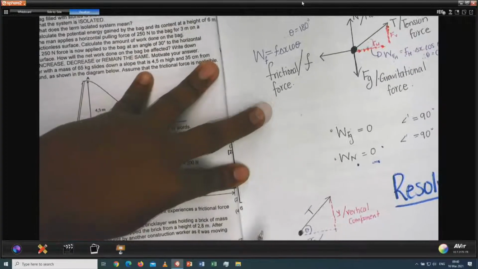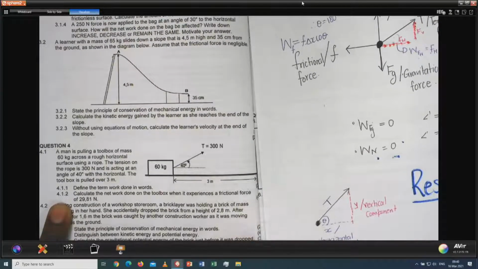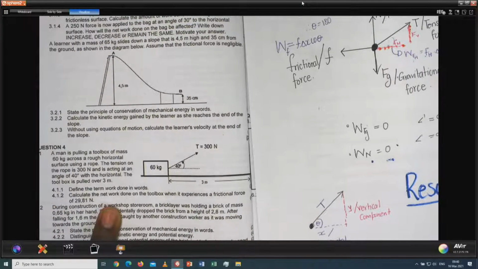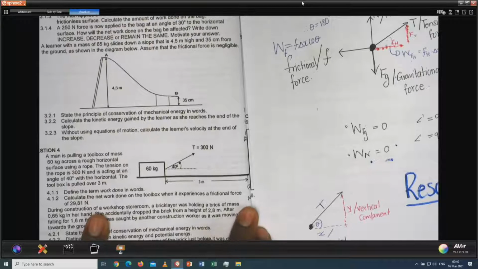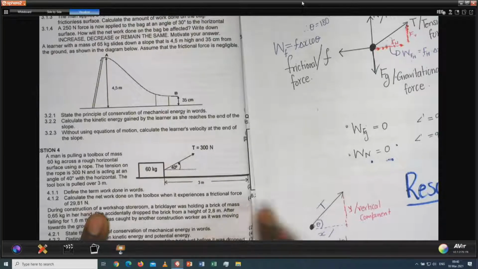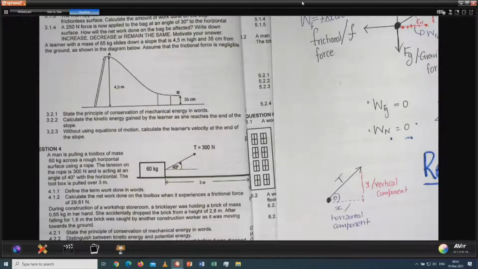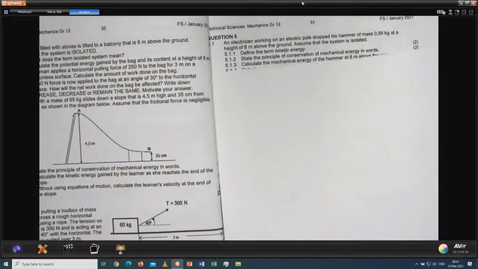Then 4.1.2, calculate the net work done on the toolbox when it experiences a frictional force of 29.81 newtons. Net work done. So let's see. I am quickly going to redraw our free body diagram.